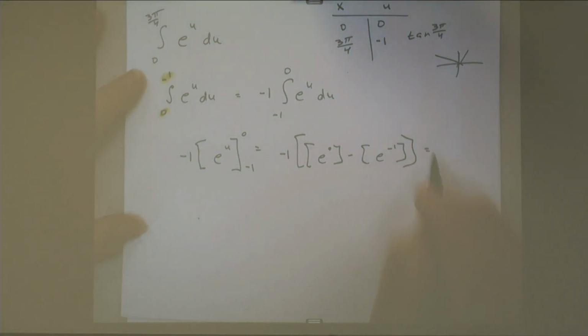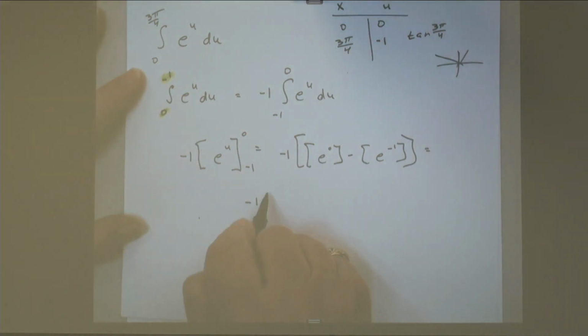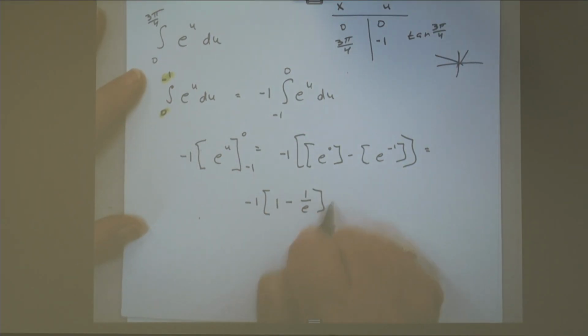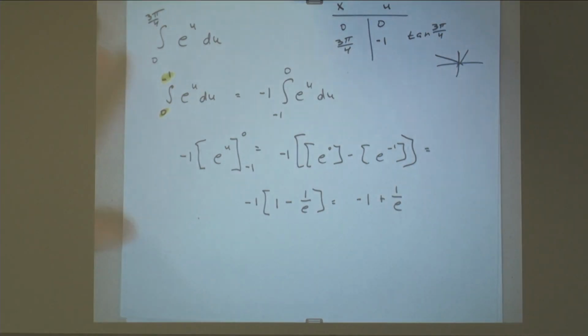You got to keep going. We have negative 1 times e to the 0, any number to the 0 power, is 1, and e to the negative 1 is 1 over e. So our answer is negative 1 plus 1 over e. And it has been probably a long time since you've looked at u sub.